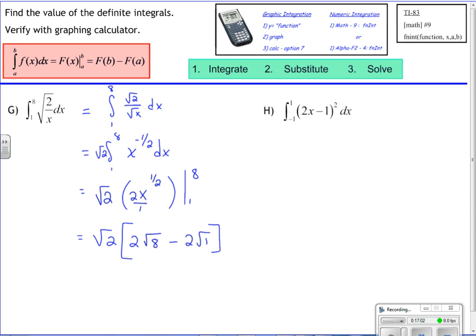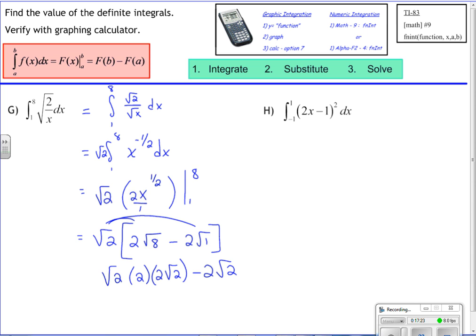Oh, no, there, it's all good. Here's my 2 I was looking for. So I'm going to have square root 2 times 2 times, break down that root 8, and we get a 2 root 2 minus 2 root 2. That was just purely distributive.